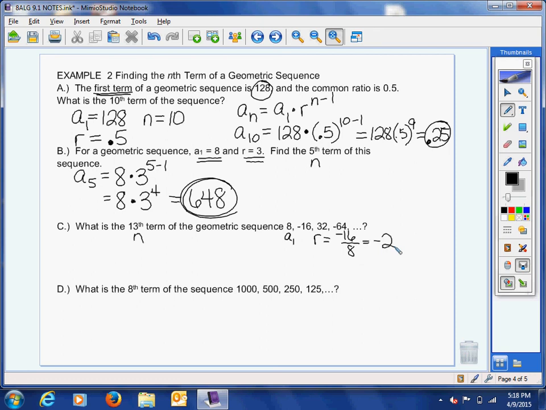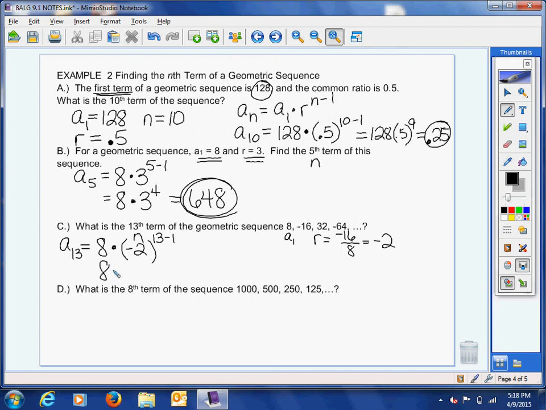Okay? So we're going to find that 13th term, and I'm going to start by multiplying the first term, 8, times the common ratio. Definitely put that one in parentheses because it's negative. And we're going to raise it to the 13 minus 1 power.